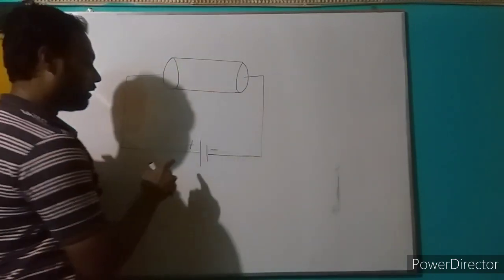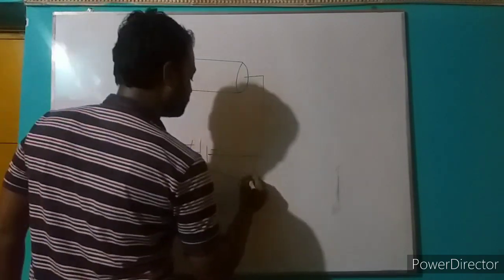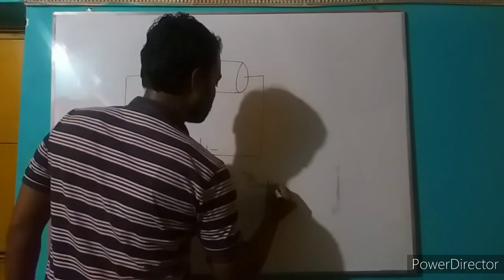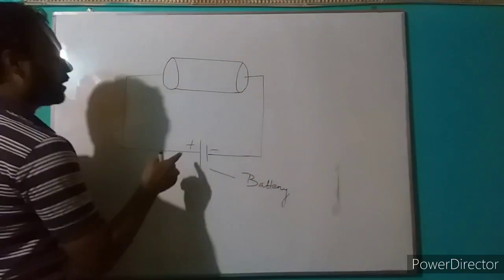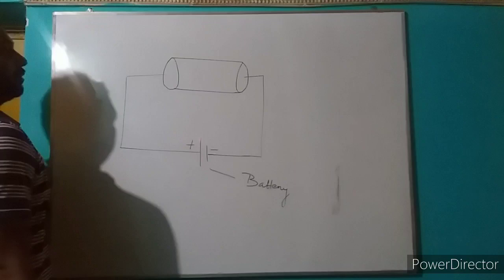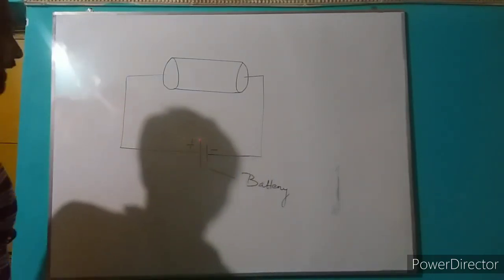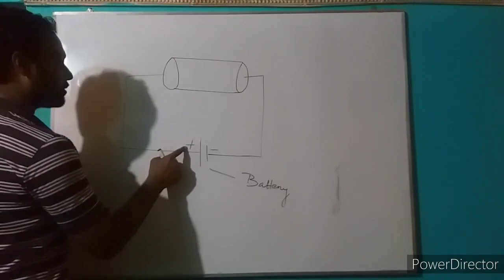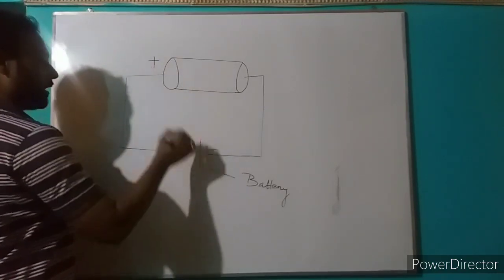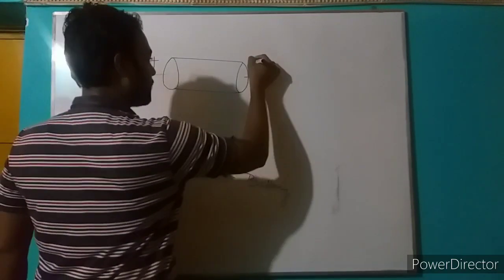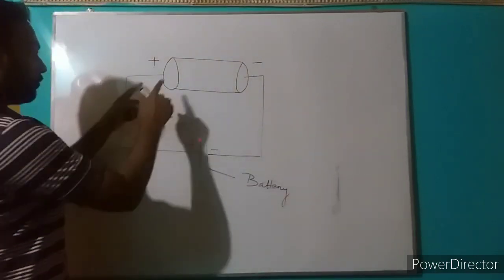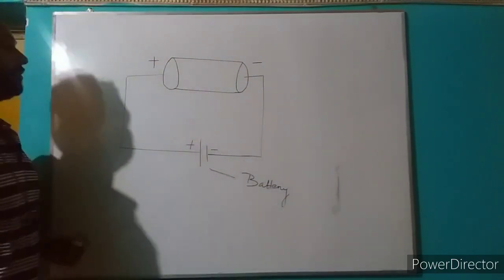Now that battery is connected to the conductor by using wire, so that end becomes plus, and that end becomes minus, because the wire is attached to that conductor.